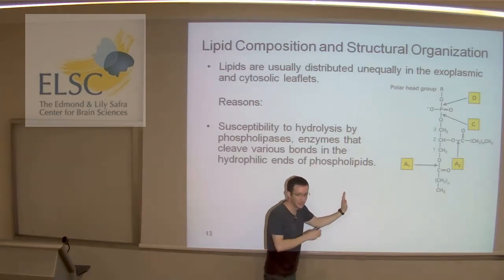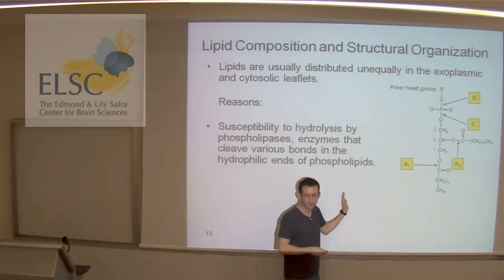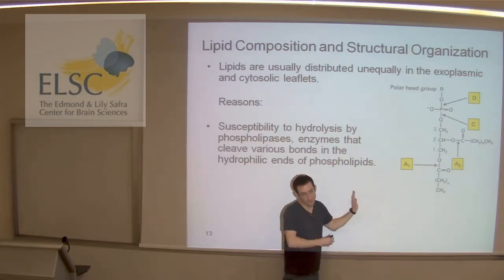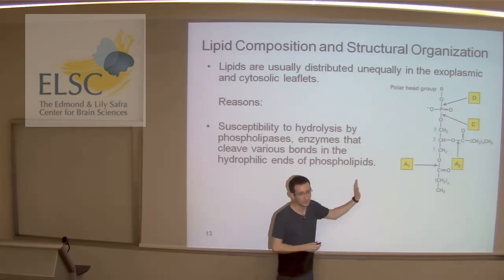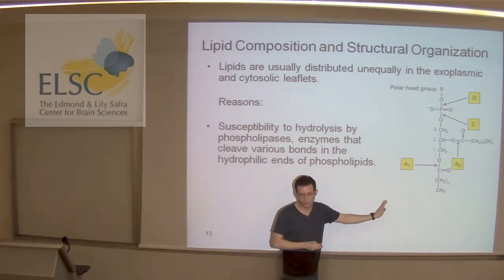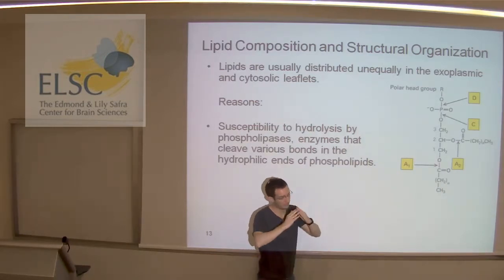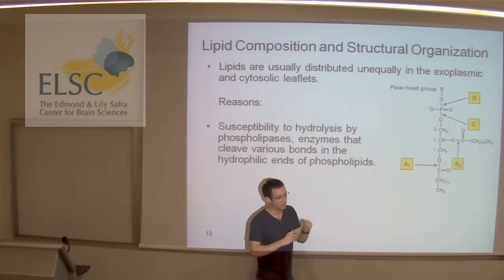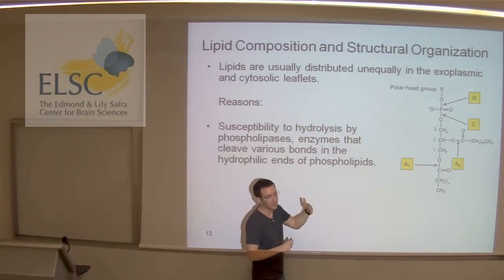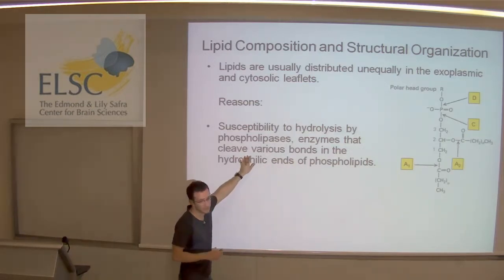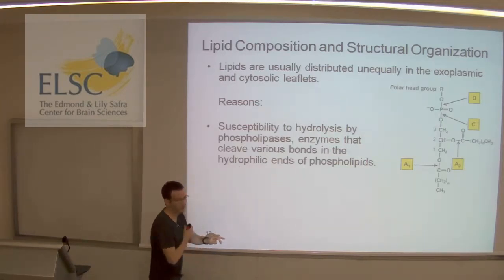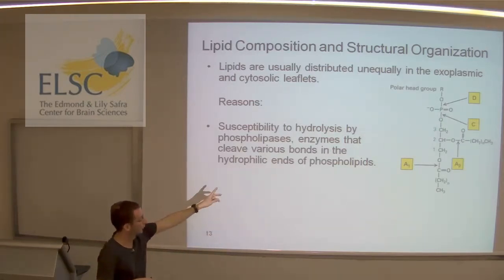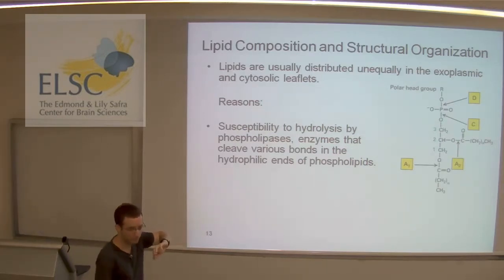So lipid X will be cleaved by phospholipase D and will then be transformed to a lipid Y. X has certain characteristics that it attributes to the specific region in the membrane, and when it changes its structure, it has other properties, right? So a curvature can be destroyed or formed, and a membrane can be thicker or thinner, just as a function of the set of phospholipases that exist in a specific region inside or outside of the membrane. All right? So this is the first determinant for the different distribution of lipids.